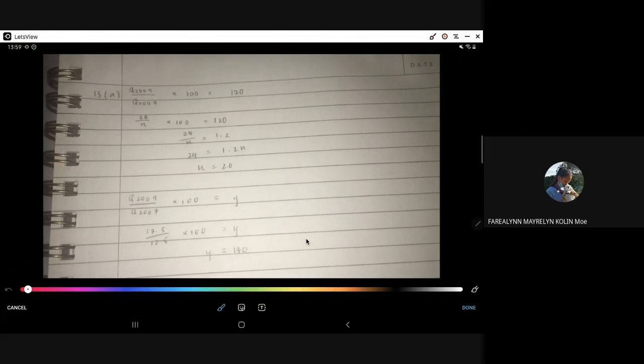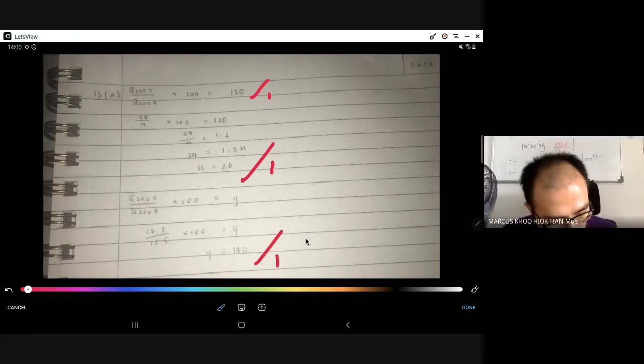So we rearrange, we get X equal to 20. For the Y, from the table, we know that 2009 is 17.50 and 2007 is 12.5, times 100, so we get the answer Y equal to 140. Okay, good.